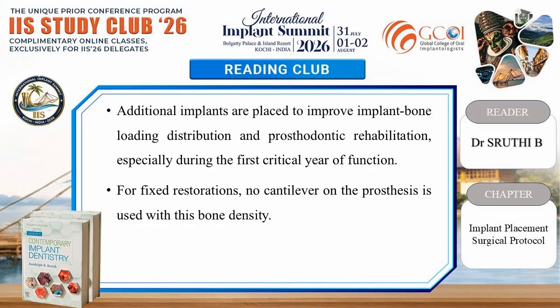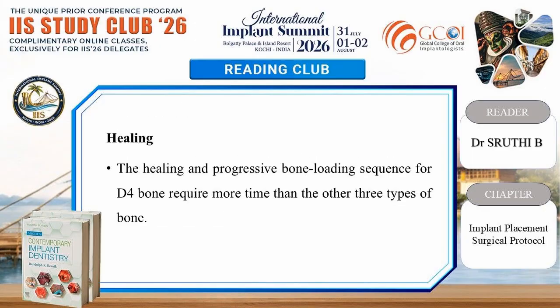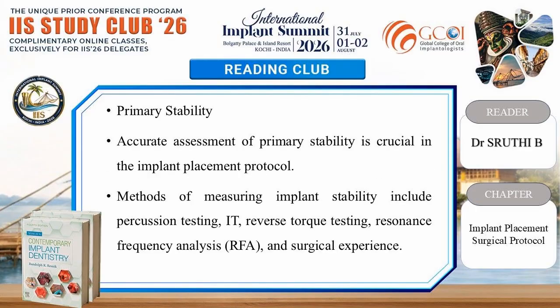For fixed restorations, no cantilever on the prosthesis is used with this bone density. Healing. The healing and progressive bone loading sequence for D4 bone require more time than the other 3 types of bone. Primary stability. Accurate assessment of primary stability is crucial in the implant placement protocol.